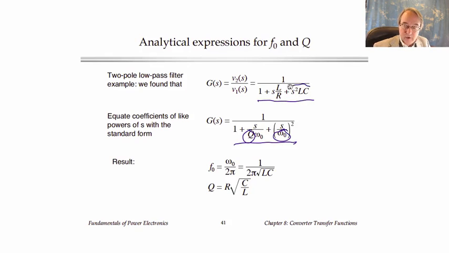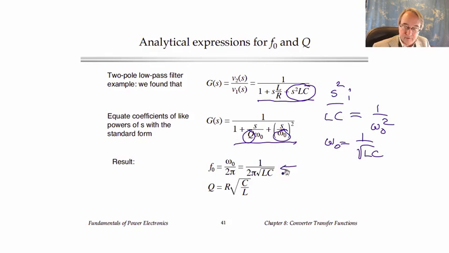So by equating the coefficient of s squared, LC in this form is equal to 1 over omega naught squared in this form. So we can solve for omega naught. Omega naught will be 1 over root LC. Or F naught, which is omega naught over 2 pi, then is 1 over 2 pi root LC.